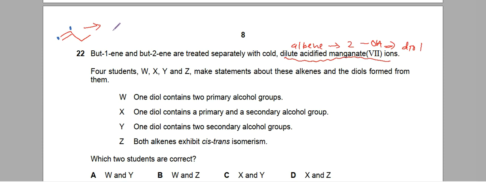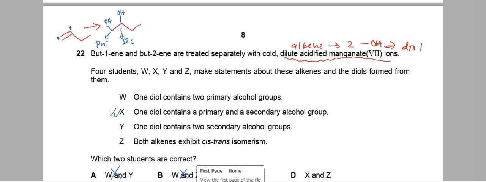We can see that this one is a secondary alcohol, this one is a primary alcohol. So this is matching with this description here, so we know that X is correct. So we can exclude this option.